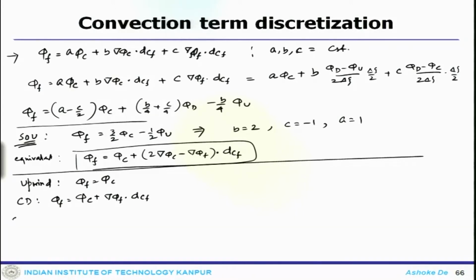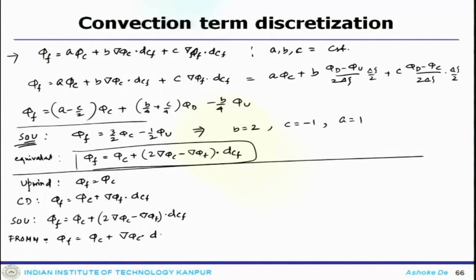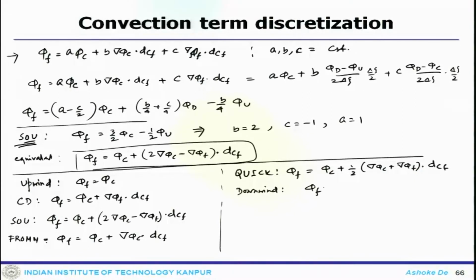Second order we have already written, but for the sake of closure, you can put things together: phi f equals phi c plus 2 delta phi c minus delta phi f dot dCF. For linear upwind, phi f equals phi c plus delta phi c dot dCF. For QUICK, you get phi f equals phi c plus half delta phi c plus delta phi f dot dCF, and the downwind scheme gives phi f equals phi c plus 2 delta phi f dot dCF.